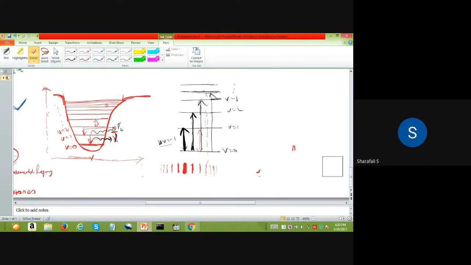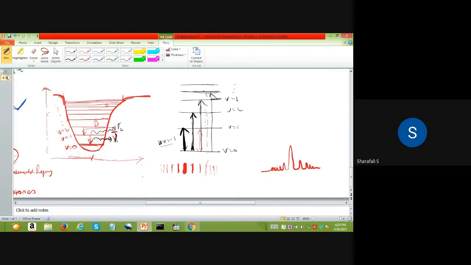And when you consider this intensity spectra, then we have to consider that this is your fundamental line, and this is your first overtone, second overtone, third overtone, fourth overtone, like this. This is your first one, second overtone, third, fourth, fifth.